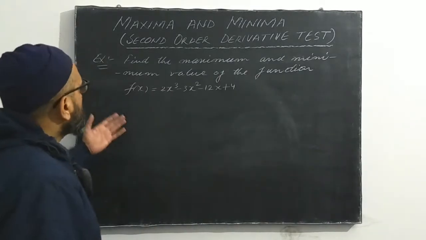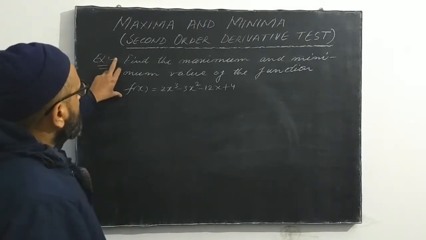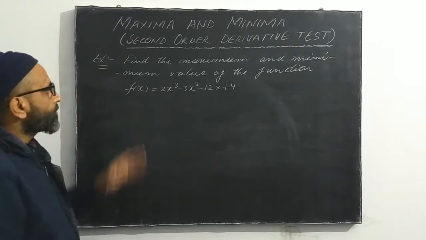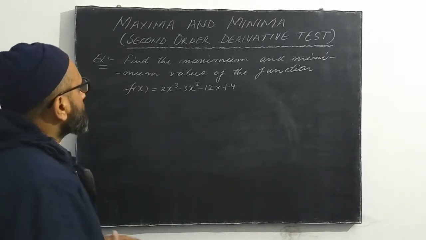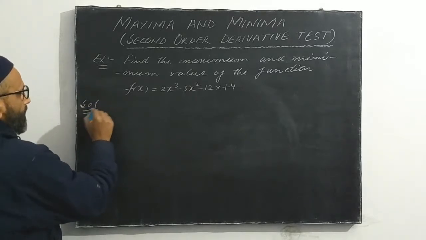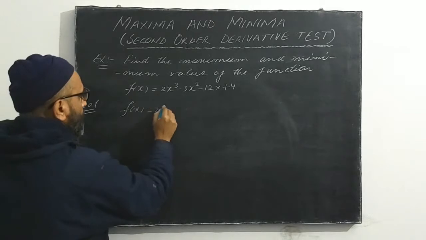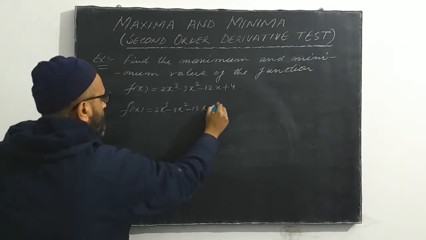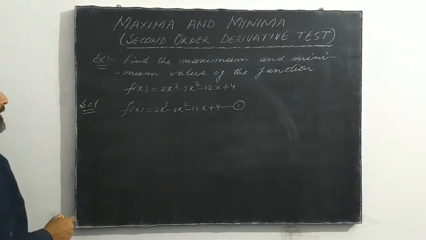Now let us take an example. For example, we have taken this problem: find the maximum and the minimum value of the function f(x) is equal to 2x cubed minus 3x squared minus 12x plus 4. So what we have to do, as f(x) is equal to 2x cubed minus 3x squared minus 12x plus 4, let it be equation number 1.